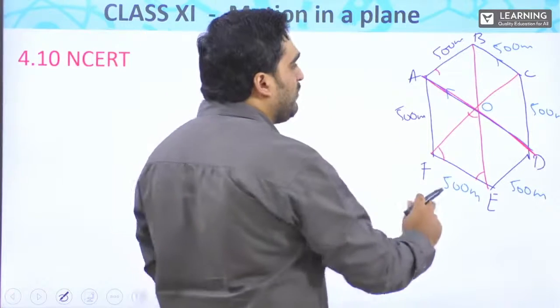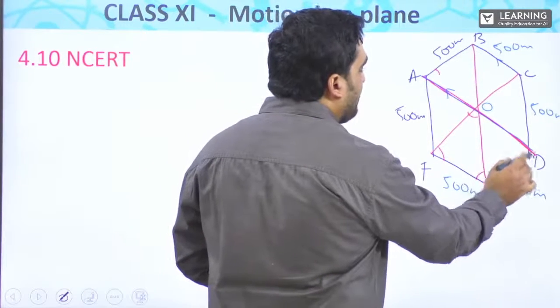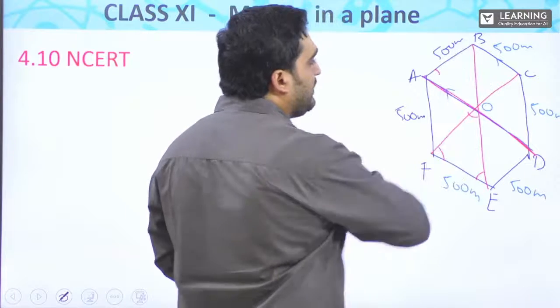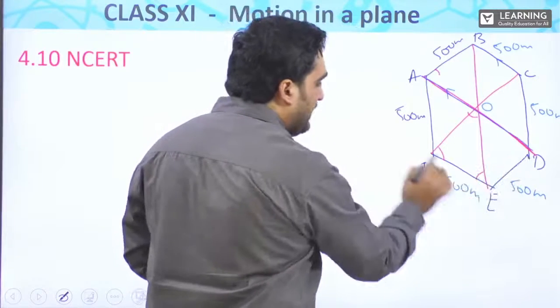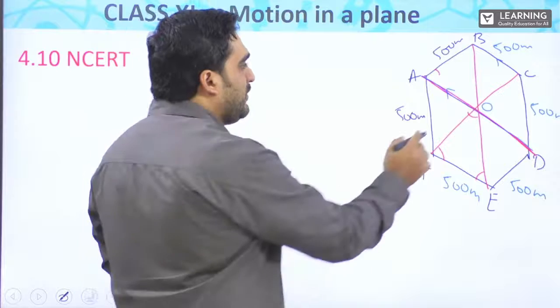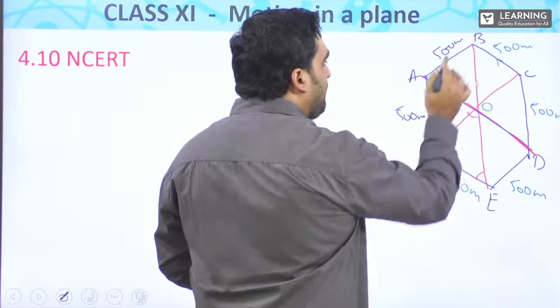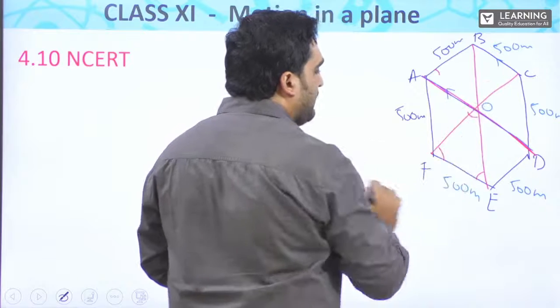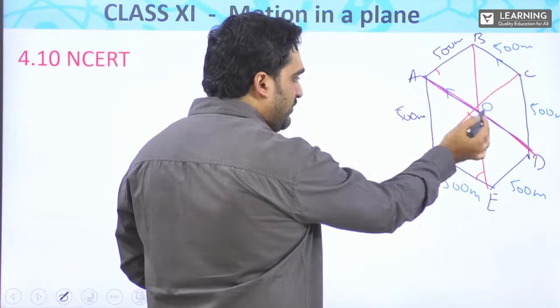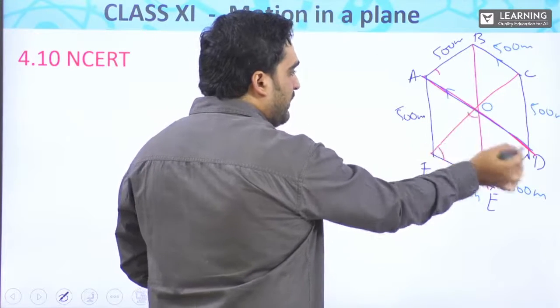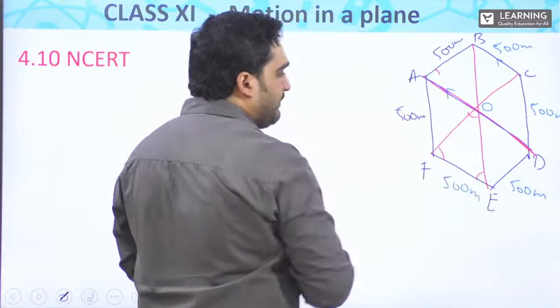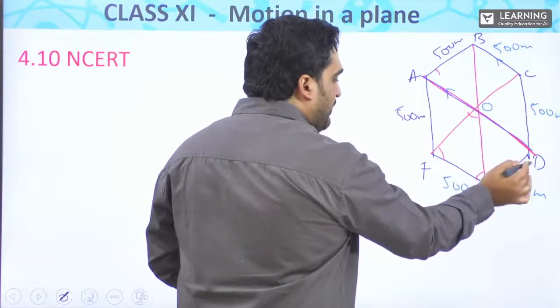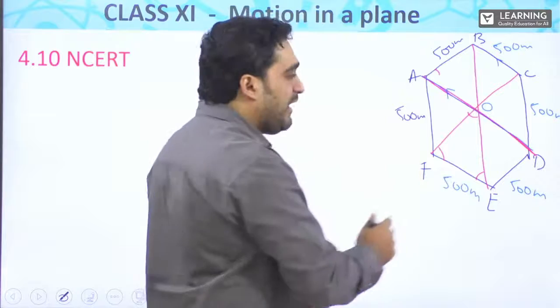same way I can also identify the length of OD by comparing it with EF. Similarly, you have another parallelogram, DOFE. So OD length will be equal to FE length.